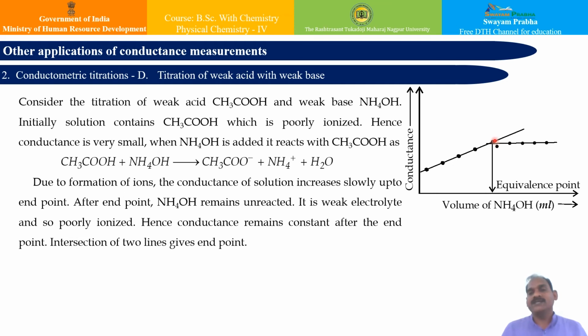Once the end point is reached, only ammonium hydroxide remains, and since it is a weak electrolyte, it does not ionize, so the conductance stays steady. This is how we can find the equivalence point in the case of weak acid with weak base.